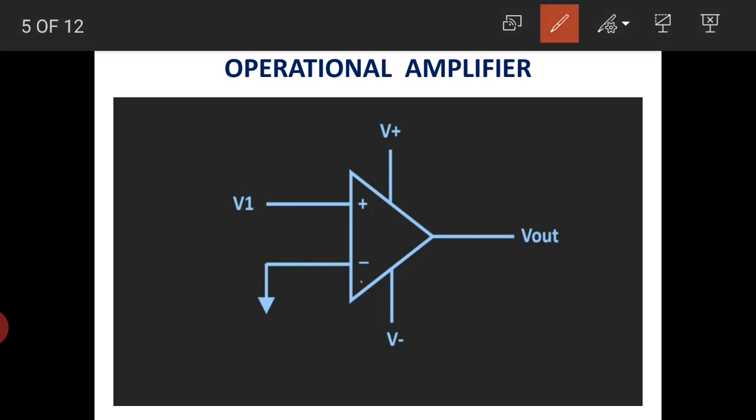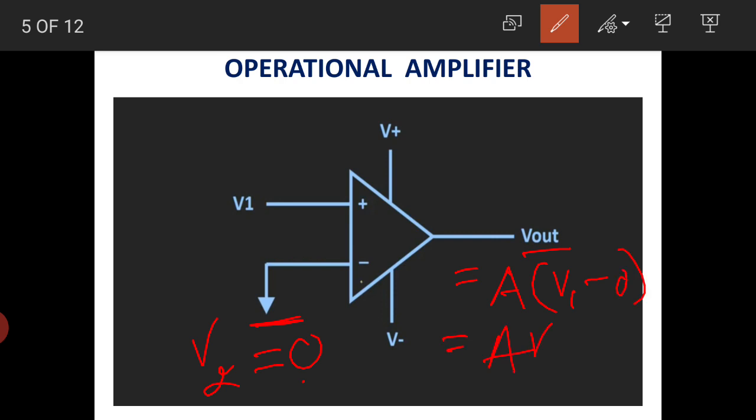As we discussed in the last slide, if there are two inputs, V1 and V2, the output voltage we obtain is the difference of the input voltages. For example, if the inverting terminal input is grounded, which means V2 is equal to 0, the output will be A times V1 minus V2, where V2 is 0.